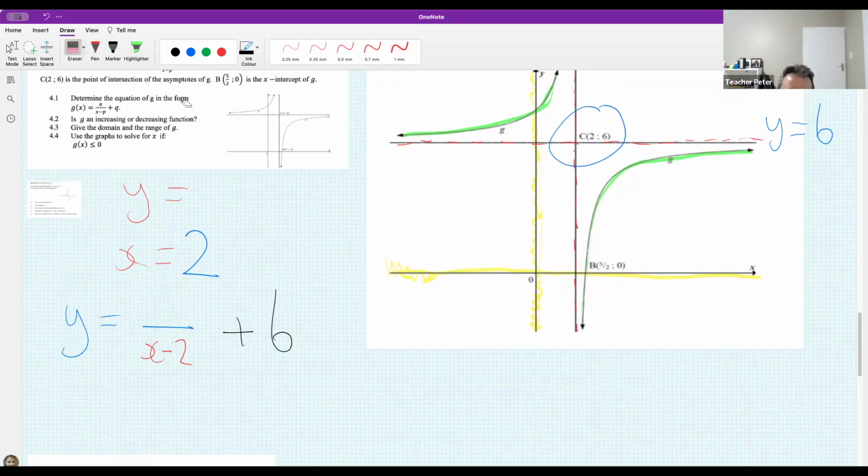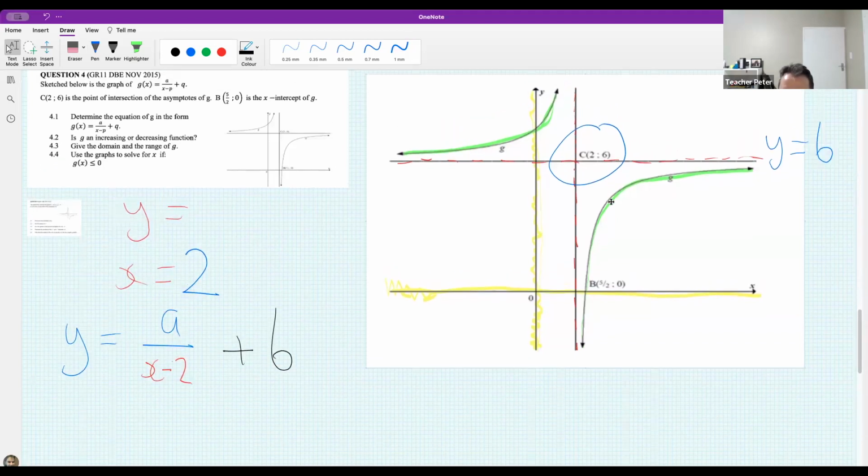All right, now you have to work out what this a value is. What are you going to use to help you figure out the a value? Yes. And you must use not this one over here. You need to use this coordinate that you haven't used yet.